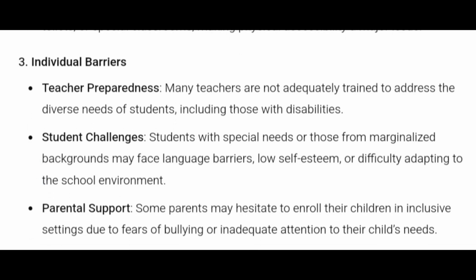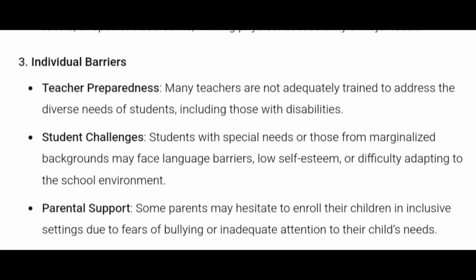Now, what are individual barriers? Teachers' preparedness. Many teachers are not adequately trained to address the diverse needs of students, including those with disabilities. See, in our country, we lack teacher training programs, right? Our teachers are not trained so well. So many teachers might not have an idea how to deal with students who are specially abled, students who are intelligent, students who are average, or students who have dyslexia, dyscalculia, dysgraphia, right?